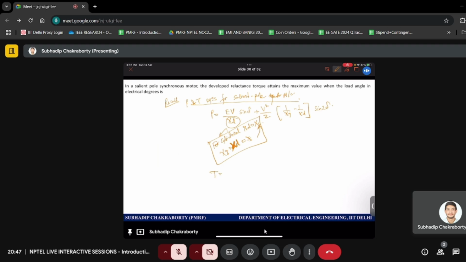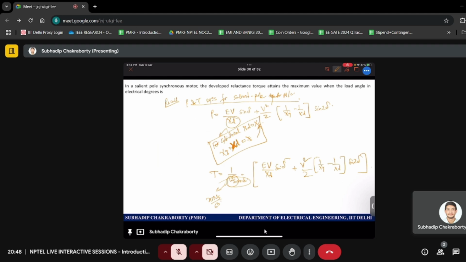And then the torque equation is 1 by omega s, which is nothing but 2 pi n by 60 mechanical, and then you can write it as EV by XD sine delta, because torque into omega is nothing but power, and omega is omega s for synchronous machine. That's how it comes. 1 by XQ, same, right? Torque by omega only, sine 2 delta.